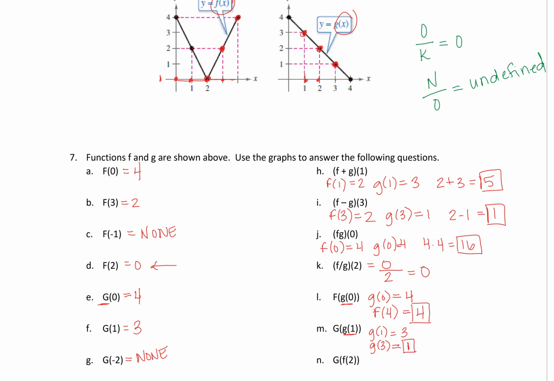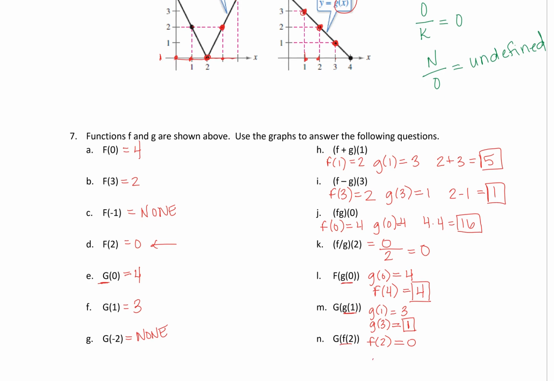So it just means that you're going to take one answer and use it to find your next answer. All right, so in this case, we're going to do f of 2 first. F of 2 means I look at function f where 2 is, I get a 0. And then I'm going to look at g of 0. Well, g of 0 is 4.